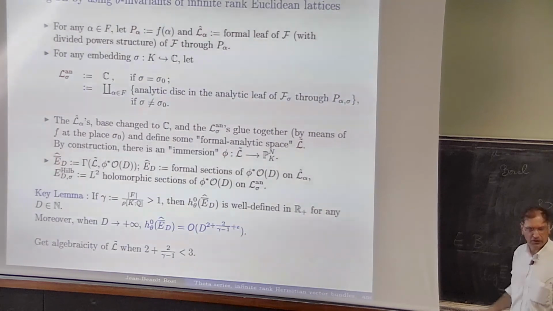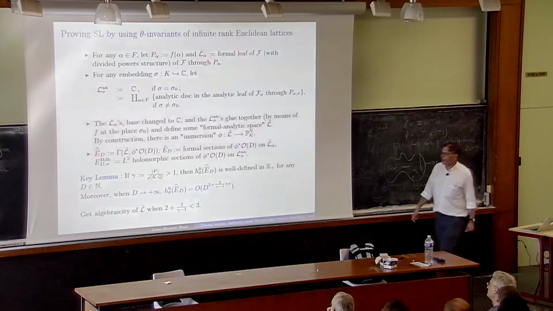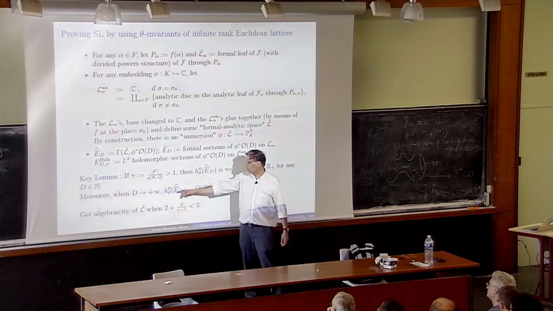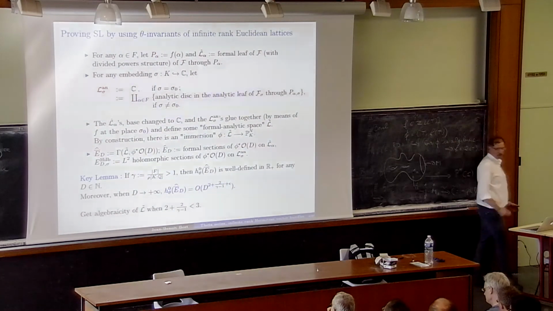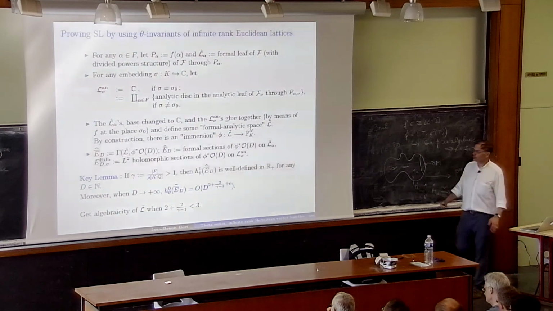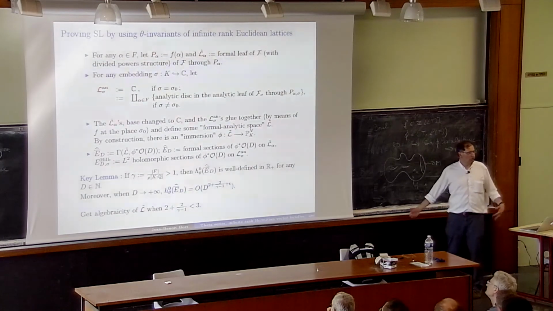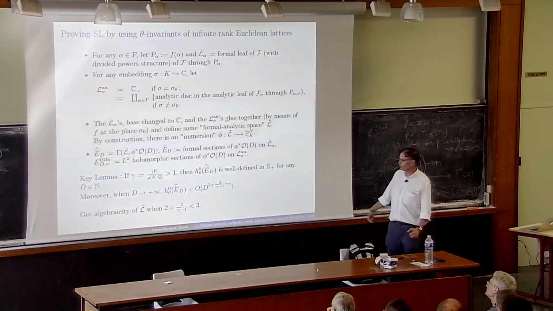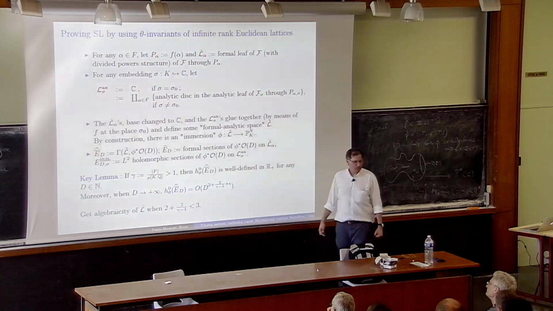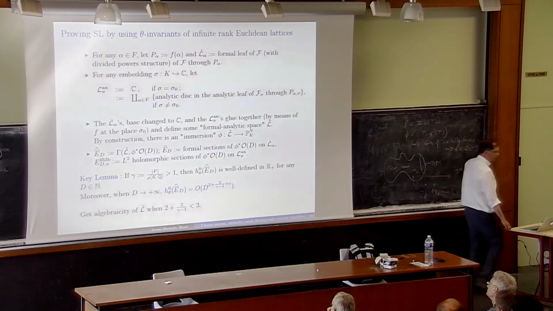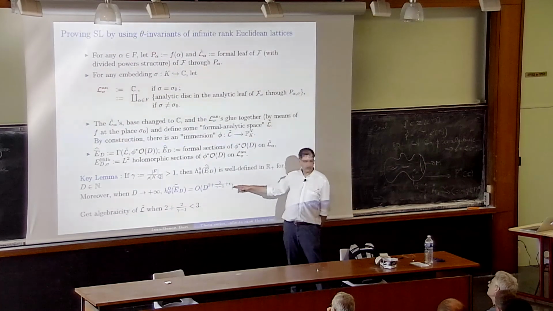You have some, so to speak, tautological presentation of this Hermitian vector bundle of infinite rank as a projective system in the previous sense. And if you apply the general theorem, you have to compute h0 theta of subquotients. And here again, to do that, you are led to do some analytic estimates that come from the Schwarz lemma, and then the general estimates relating h0 theta and degree of line bundles, and some very elementary computations lead you to this computation.